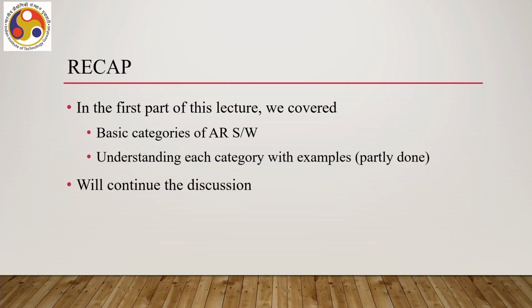So, earlier we talked about the basic categories of AR software. There we learned about different ways to categorize, different ways to view AR software. One such category is based on the skill requirement from the part of the developer.